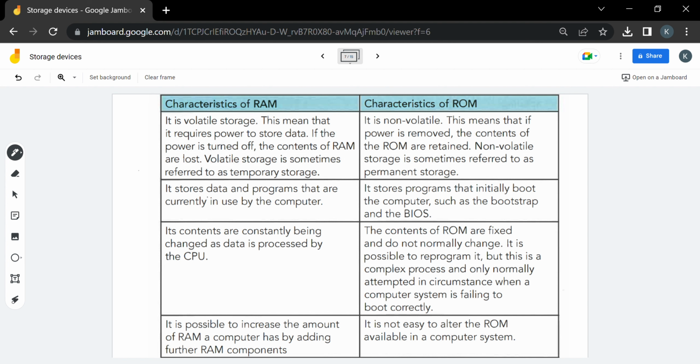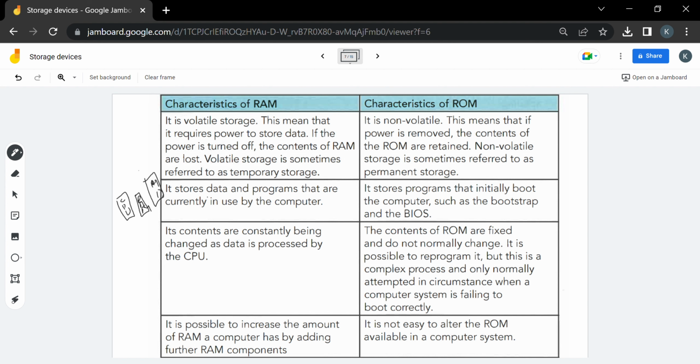Here is your CPU, and it is accessing the data from our hard disk, and it is storing it inside the RAM for the purpose of random access.